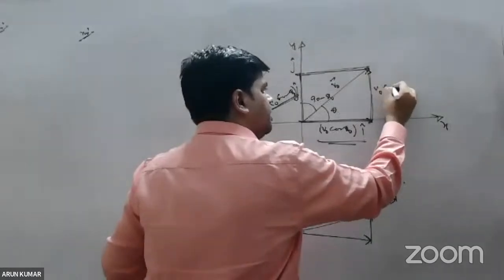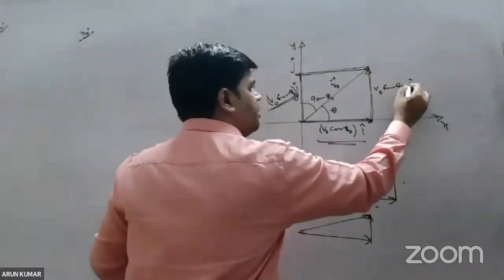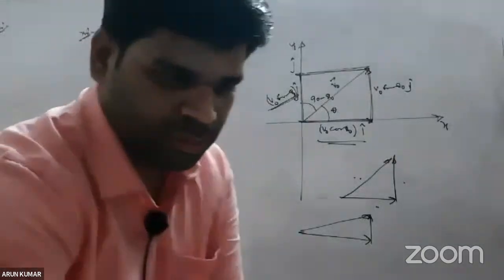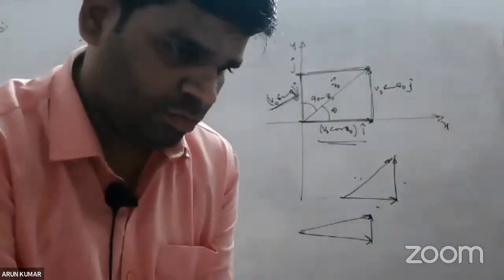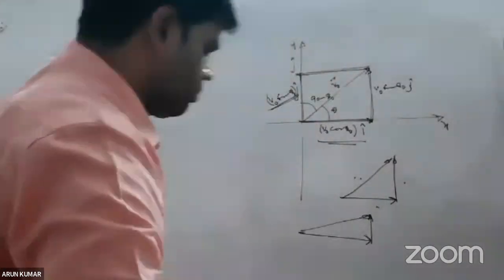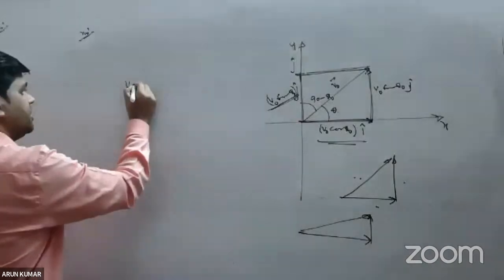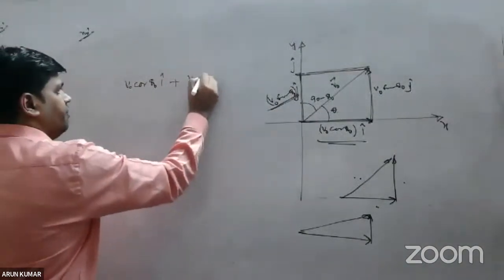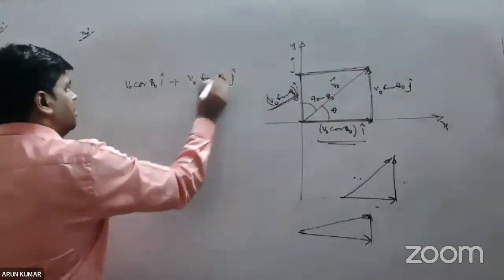V naught cos theta I cap plus V naught sin theta j cap.